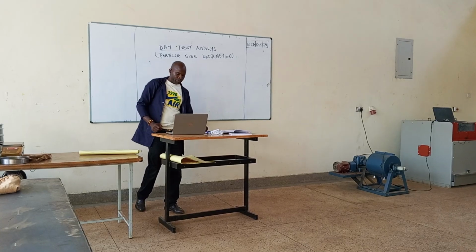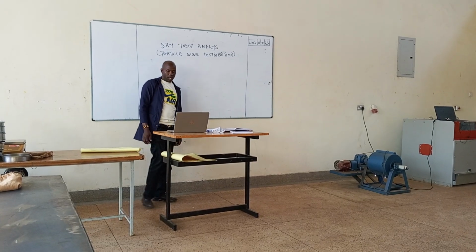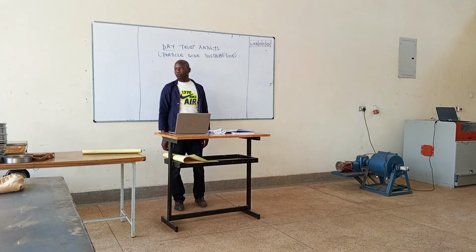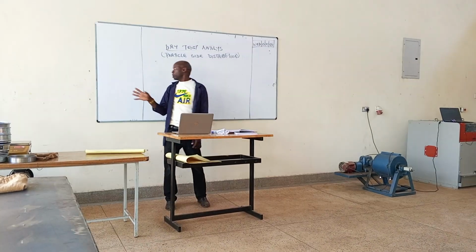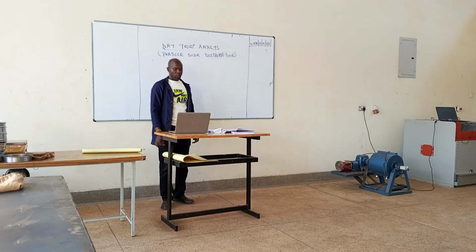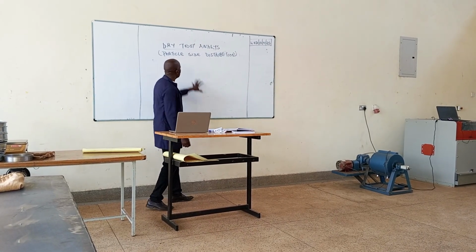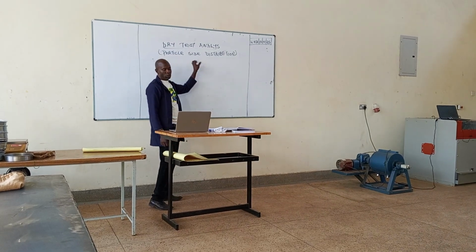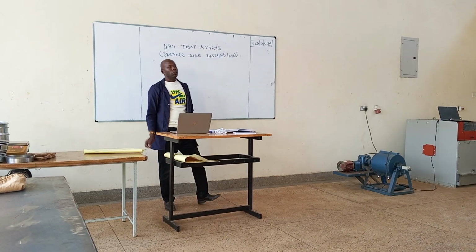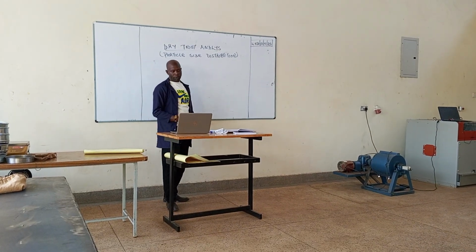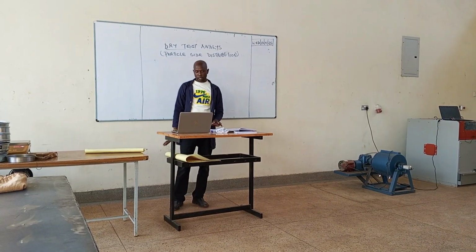Our major objective, the learning outcomes, will be: number 1, identification of the apparatus that we are going to use in these practicals. Number 2, we are supposed to carry out the practicals to determine the particle distributions. And number 3, we are supposed to analyze the soil based on the practicals of the day. So that's our major objective.